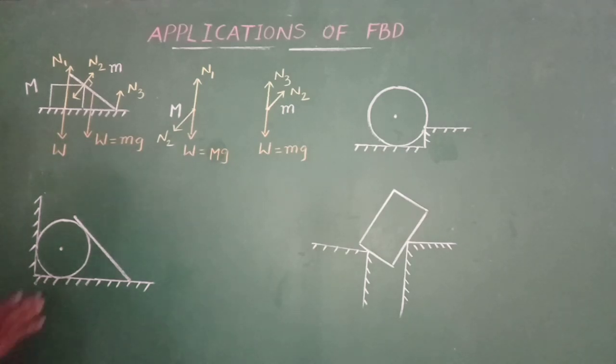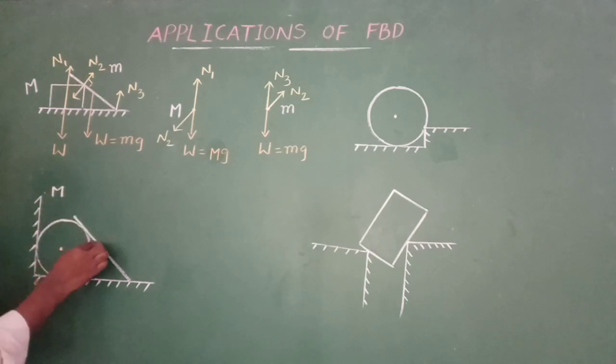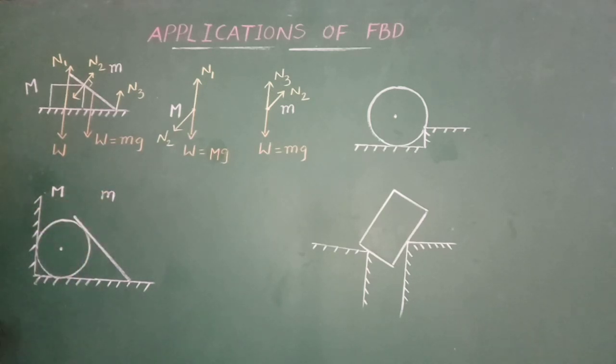Next, come to here. Now in this case, one sphere is there, and on the sphere one rod is placed. Assume the mass of the sphere is capital M and the mass of the rod is taken as small m. If you observe here, the sphere has three contact points, 1, 2, 3, so three normal reactions act on the sphere.